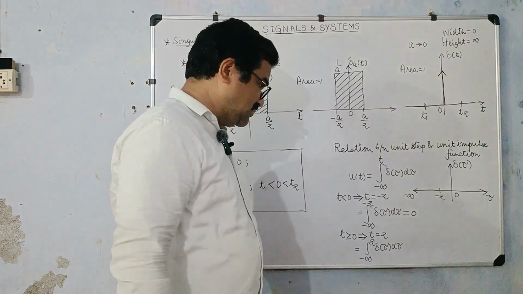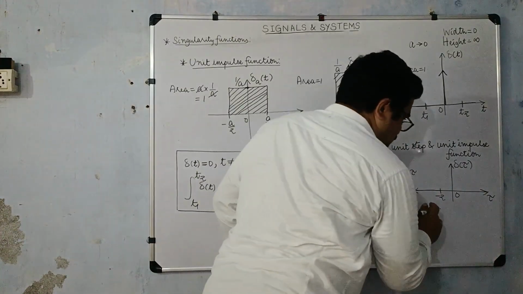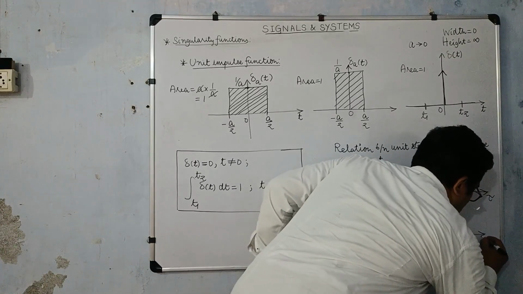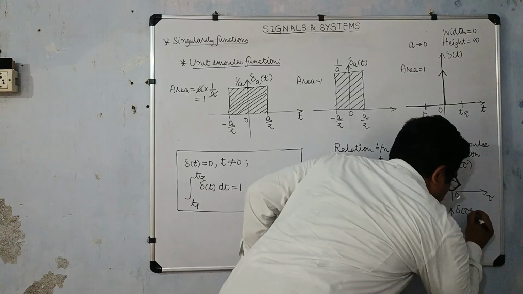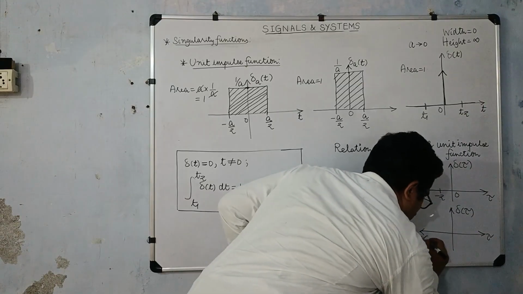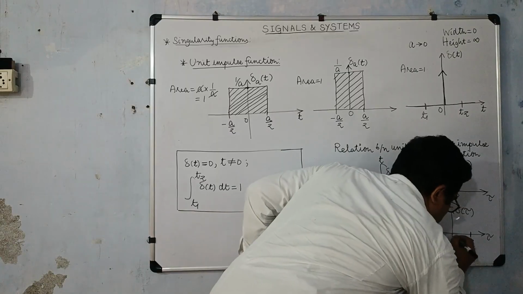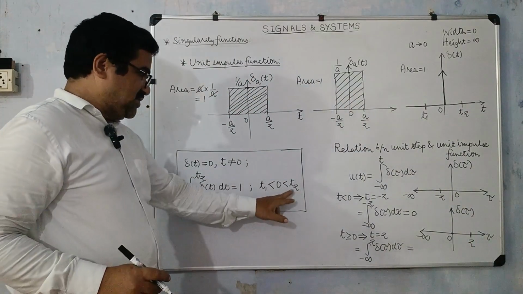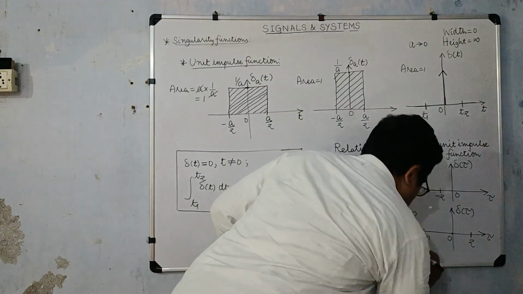So minus infinity to 2 means it is covering 0, isn't it? I am integrating from minus infinity to plus 2, so this interval is covering 0. If it is covering 0, then the integral will be equal to 1.